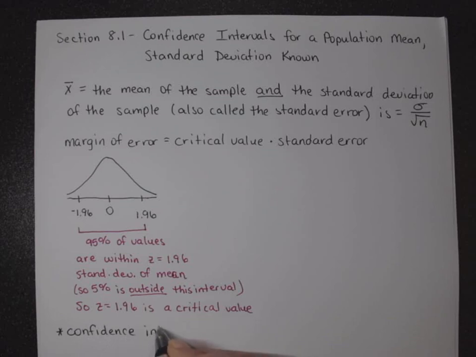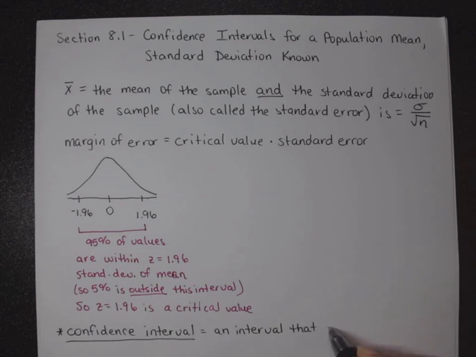So let's define a couple of things. So the first thing is, what's a confidence interval? A confidence interval is an interval that is used to estimate the value of a single value.